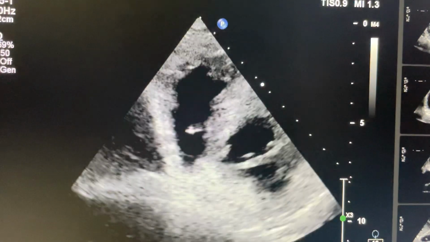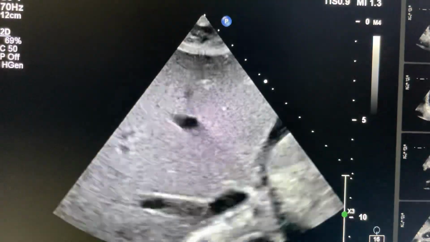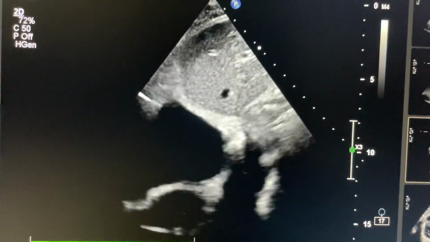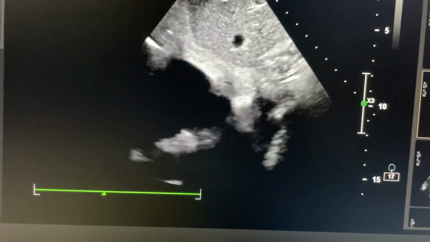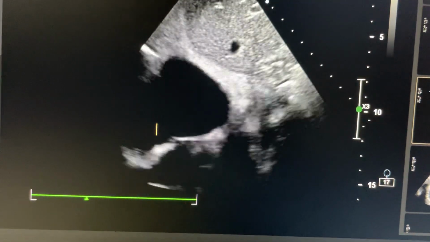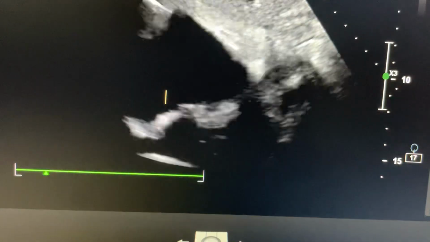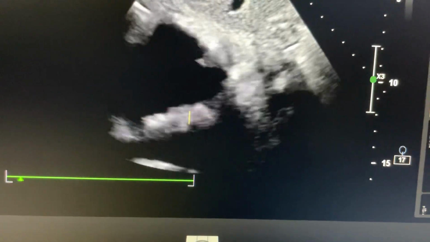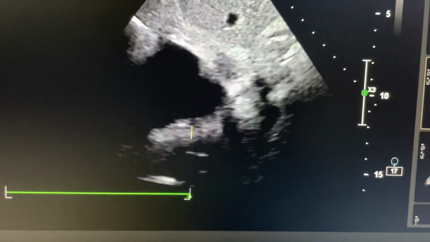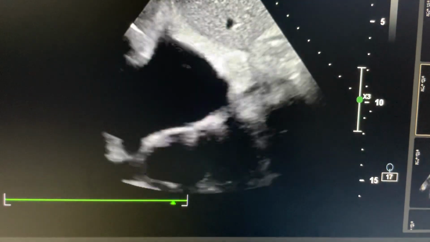At the same time, the right ventricle and right atrium are severely enlarged. This is the right atrium and this is the left atrium, and there is no ASD in this image. The image was recorded to show you that no ASD is present in this case.